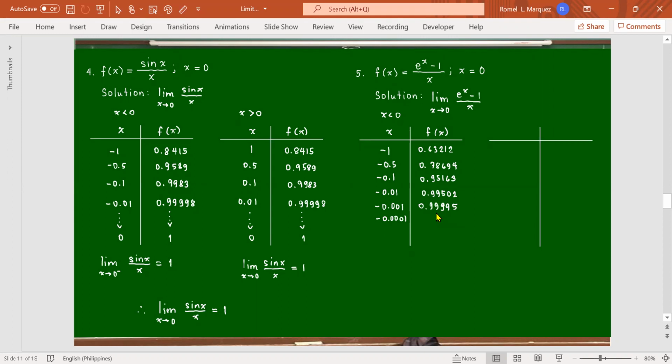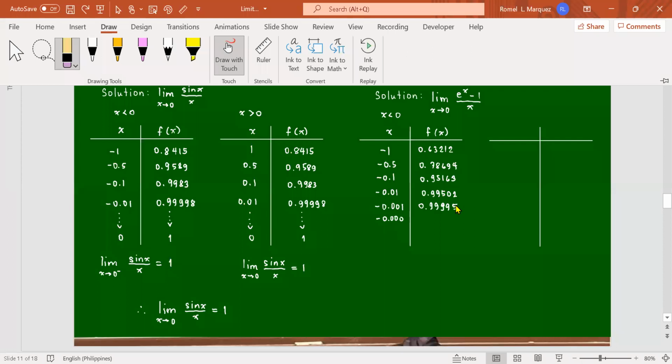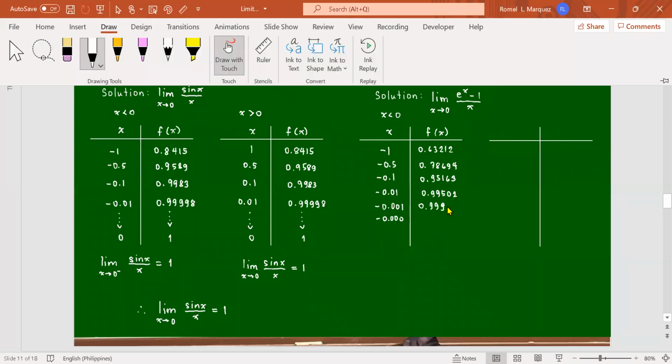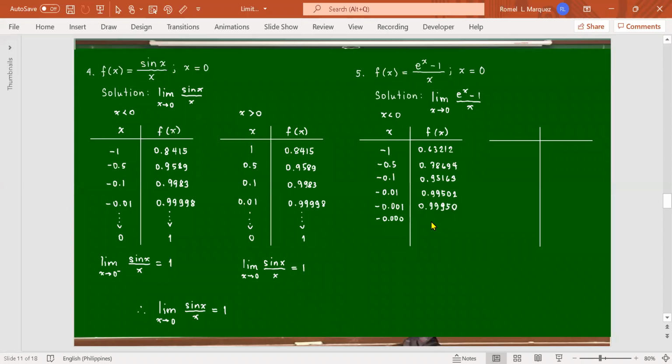Guys, I think I got a wrong value here. Guys, are you checking my values? Let's add one more value of x, negative 0.0001.